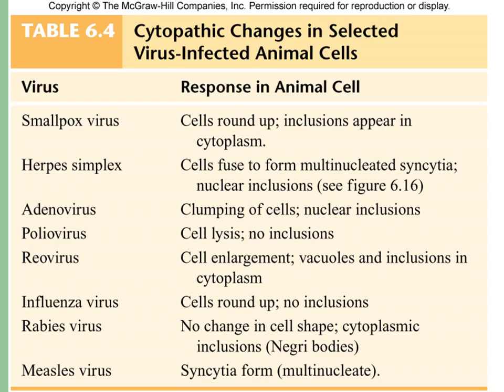Herpes simplex virus will cause those cells to fuse in that syncytia formation where you get that giant multinucleated looking cell, and you'll also get inclusions. Adenovirus causes cells to clump together, and you'll see inclusions in the nucleus. Poliovirus doesn't have inclusions, but it will cause cells to lyse.